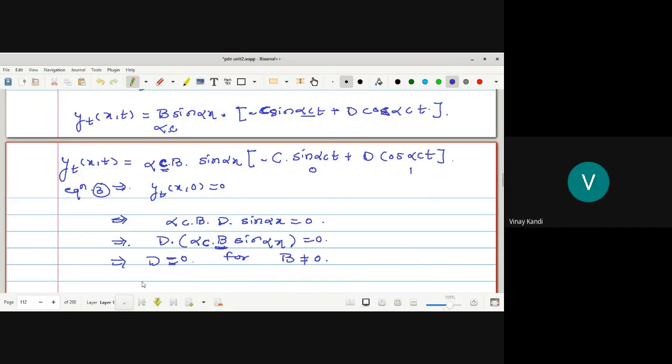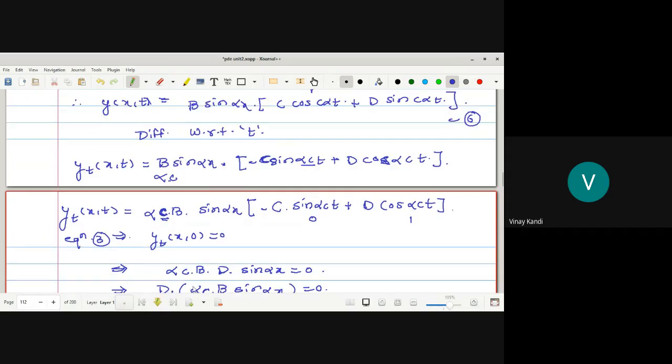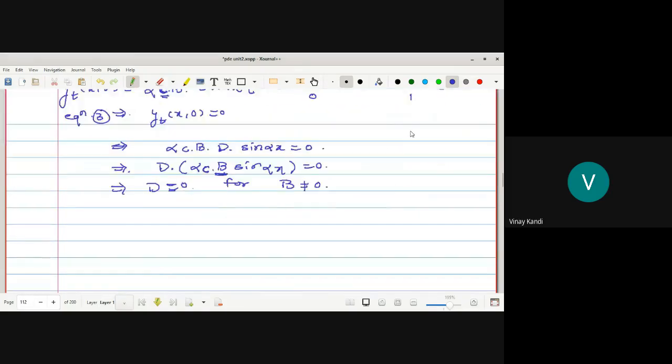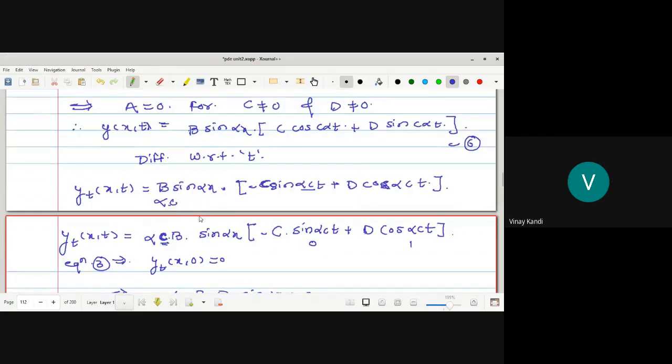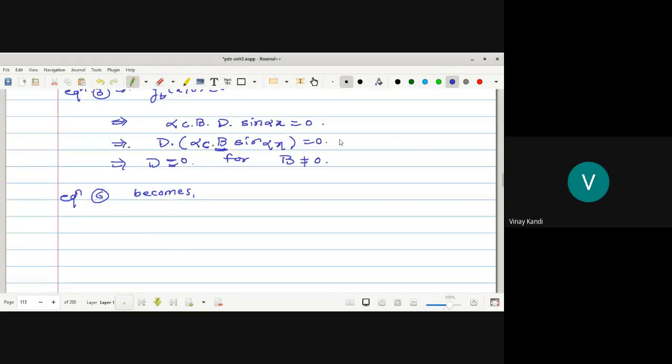Okay, so equation 6 becomes, now put the value of D in equation number 6. What is equation 6? Now put the value of D equal to 0 here. So we get y of x is equal to b sin alpha x into capital C cos alpha c t.